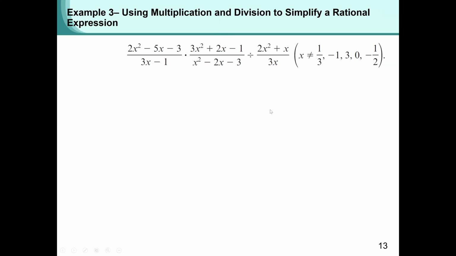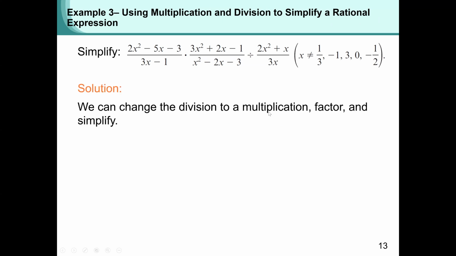So the first thing we can do is to see if we can factorize something. And first, I will change the division here to multiplication. So if I write multiplication here, this division will be 3x divided by 2x squared plus x. And when you change division to multiplication in fractions, you turn the value after the sign upside down.